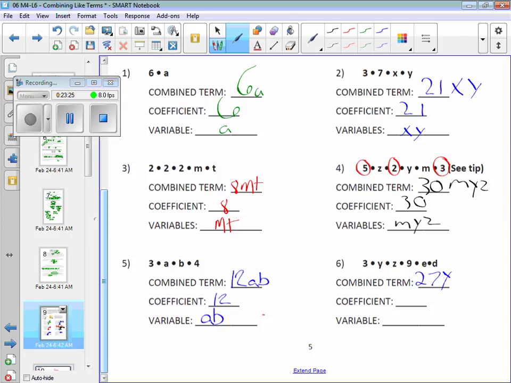What letters are left? So write out W, Y, Z, E, and D. Looks good. Okay, identify your coefficient and your variable.